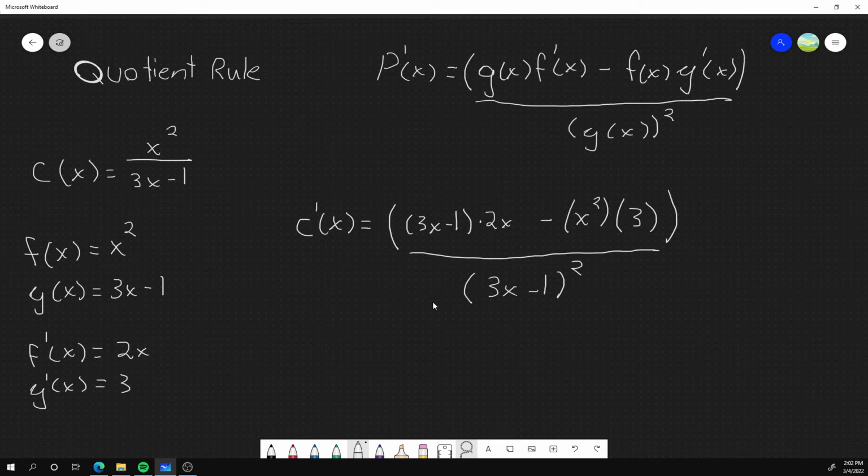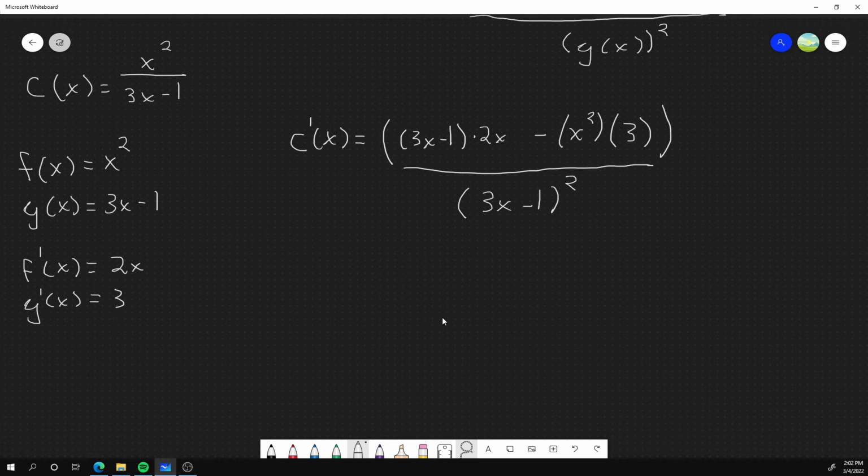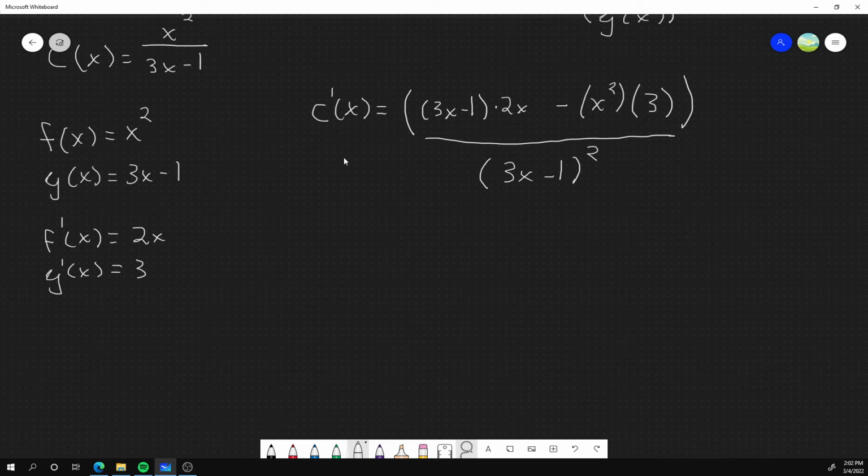So let's go ahead and simplify the numerator and the denominator and see what happens. C prime of x equals 6x squared minus 2x, because 2x times 3x is 6x squared, and 2x times negative 1 is negative 2x.